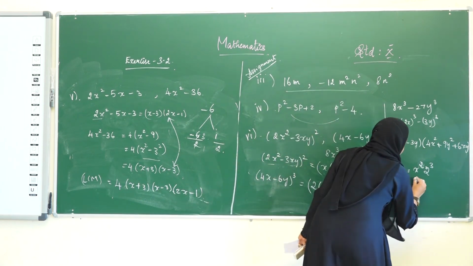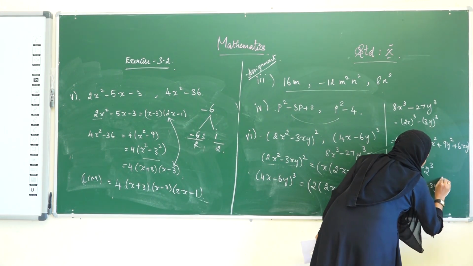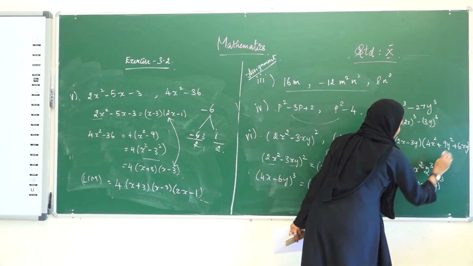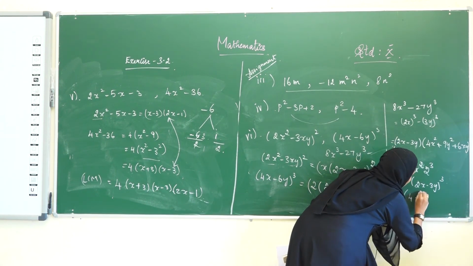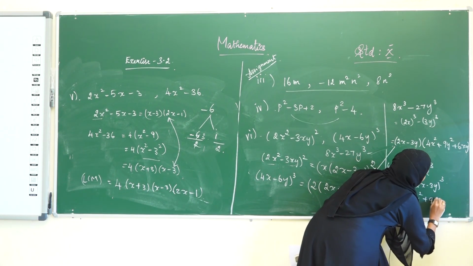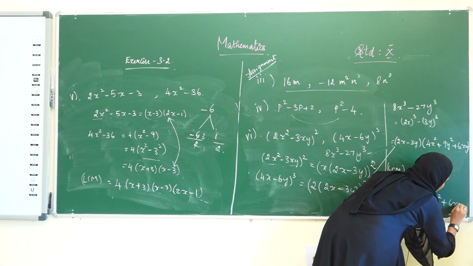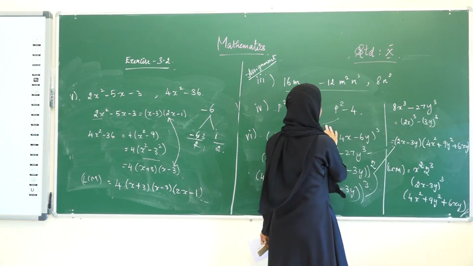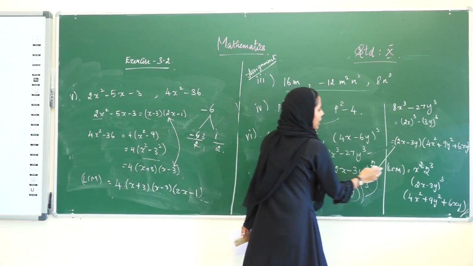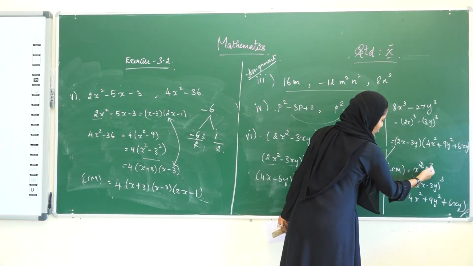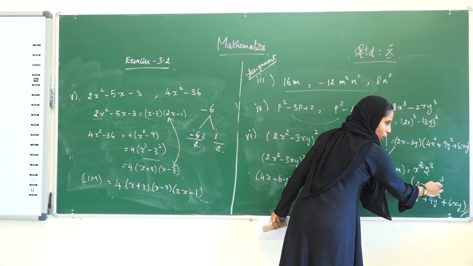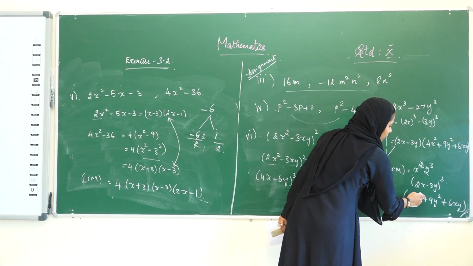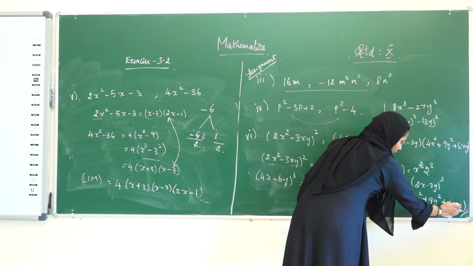Therefore, the term that should come is 2x minus 3y the whole cube, and the remaining term is 4x square plus 9y square plus 6xy. Therefore, the LCM of the given 3 polynomials is x square into 2 cube into 2x minus 3y the whole cube into 4x square plus 9y square plus 6xy.